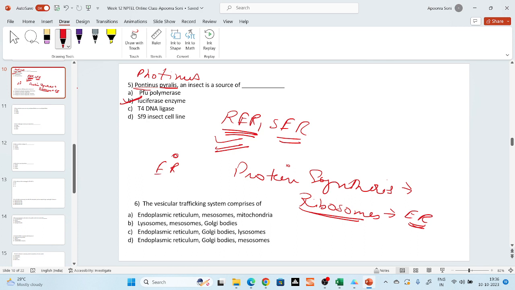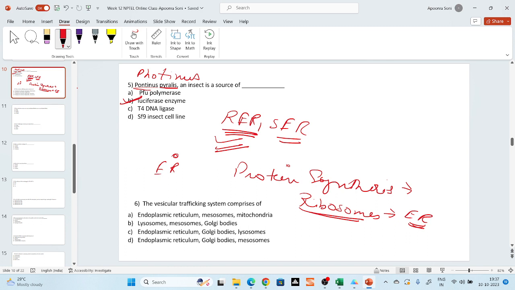In the Golgi bodies, the few other modifications which are left, such as O-linked glycosylation, occur. Then the Golgi body directs where the protein has to go.